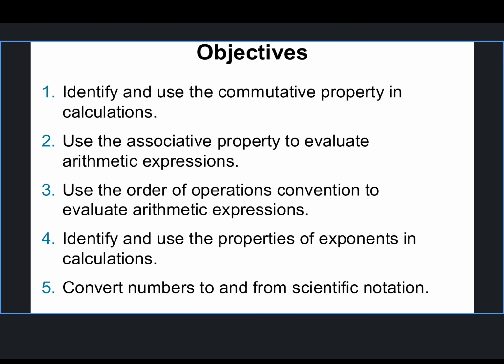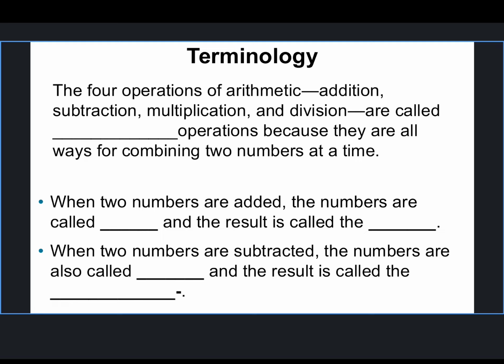So, we're going to talk about some definitions, so terminology. The four operations of arithmetic are addition, subtraction, multiplication, and division. They are called binary operations because they are all ways for combining two numbers at a time. So bi means two, so binary means combining two numbers at a time.